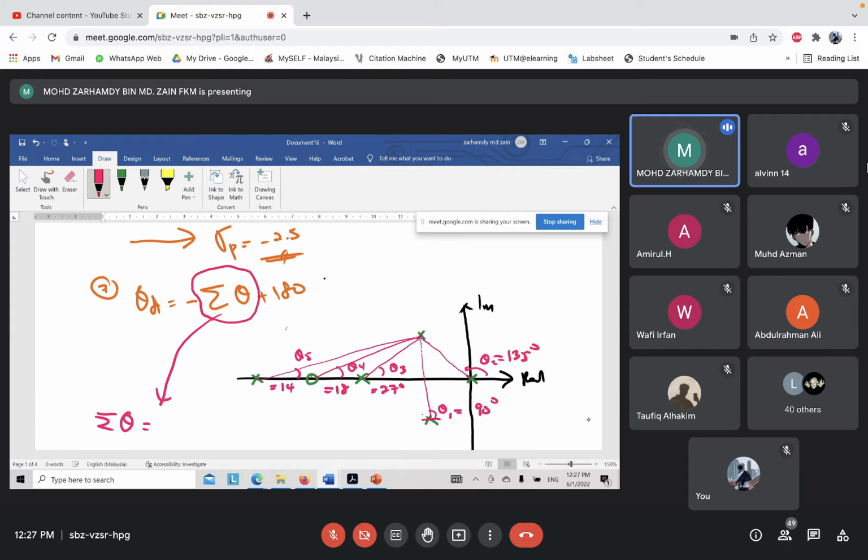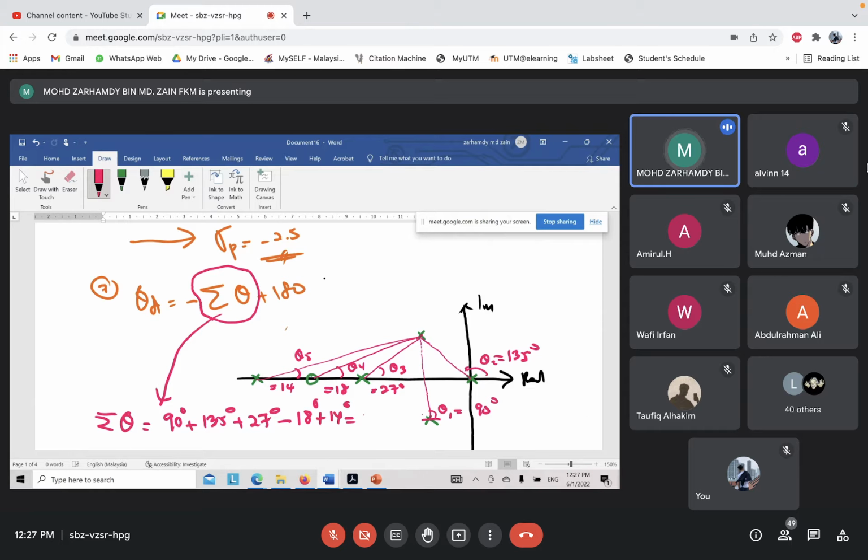So from here we have 90 because of a pole, plus 135 because of a pole, minus 27 because of a zero, minus 80, and plus 14 because of a pole.